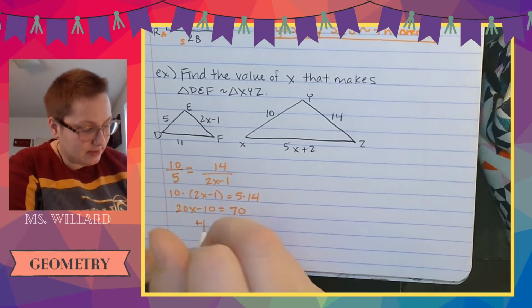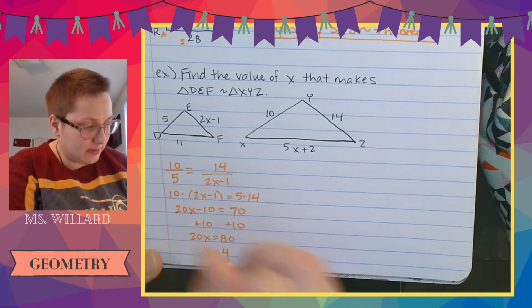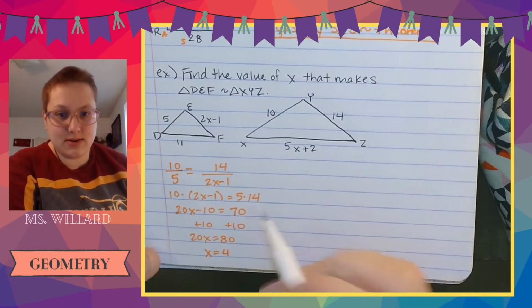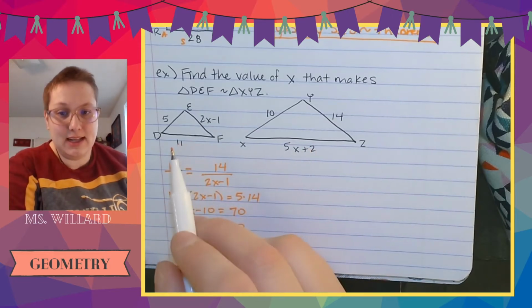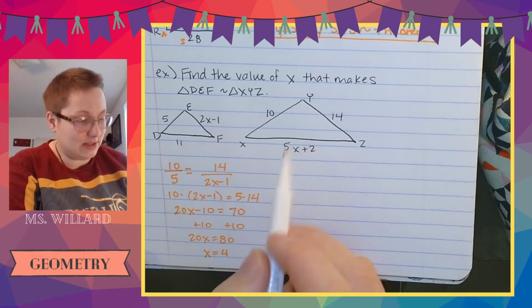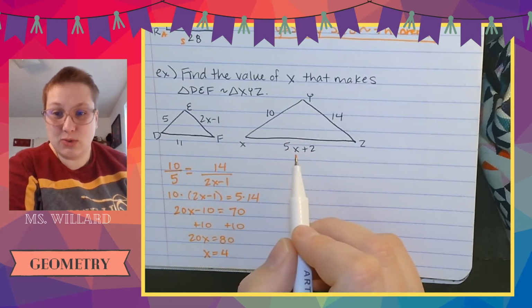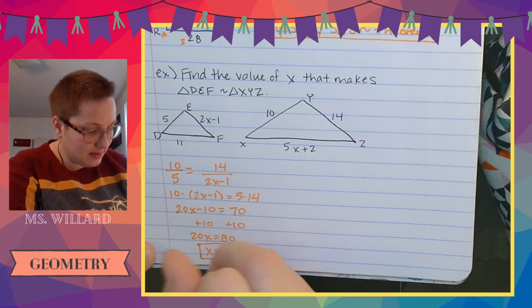I add 10 to both sides and get 20x equals 80. Divide by 20, x equals 4. Let's make sure that works. I'm going to check it here. This should be 22, since 11 times 2 is 22 because 5 times 2 is 10. So 5 times 4 is 20, plus 2 is 22. Yes, I found the x value that works.